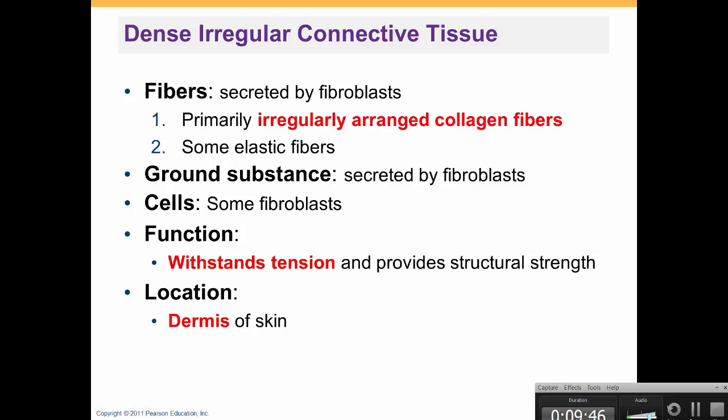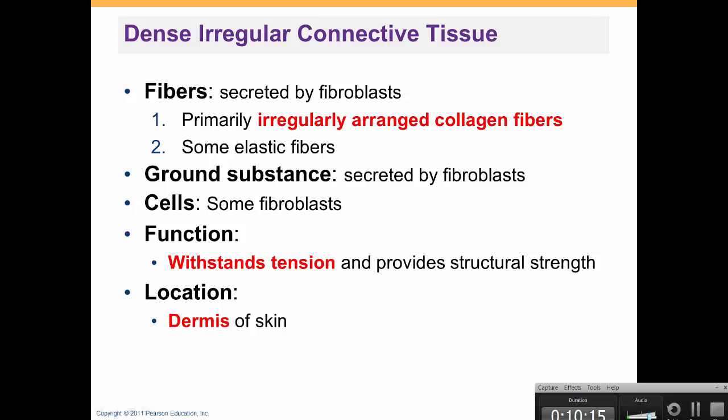The substance is again secreted by the fibroblasts, and the stroma, the cells are also fibroblasts. What's the function? This one withstands tension, but it withstands tension in different directions. This is unlike the dense regular ones, which can withstand tension in one direction only.